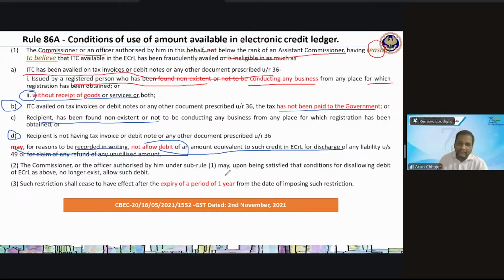Then again, after the expiry of the period of 1 year, the restriction shall cease to have effect. Further, the commissioner, upon satisfying that the condition for disallowing the debit no longer exists, shall allow that debit. This is 86A.